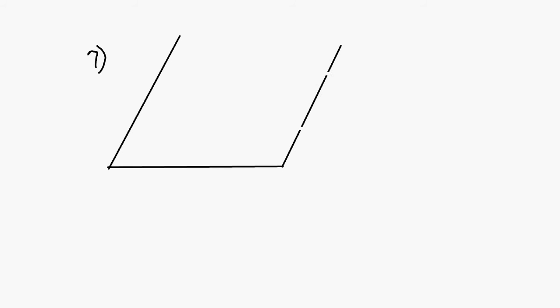Number 7. You're given a quadrilateral with one of the diagonals in it.